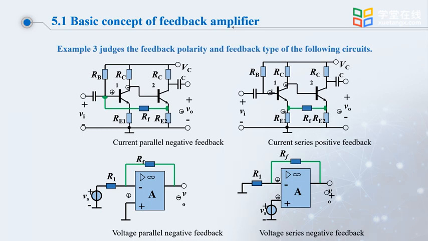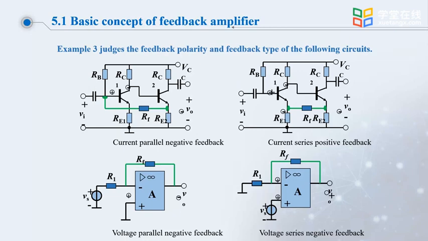So it's current shunt feedback. Let's judge by the instantaneous polarity method, looking at the flow direction of current on RF. If the IF current flows from left to right, it's a negative feedback. If the IF current, judged by the instantaneous polarity method, flows from right to left, it's a positive feedback.